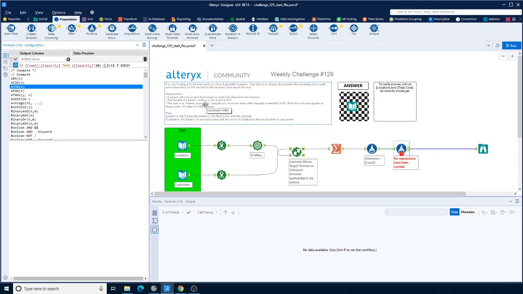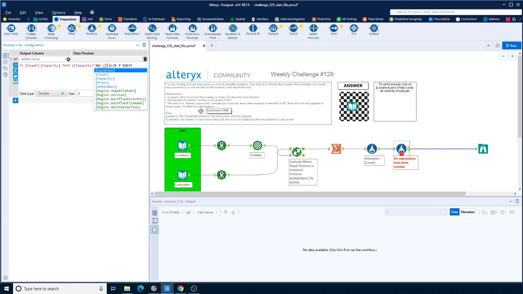So actually we need to work out what that is. So that is count minus capacity. Okay, and then we want to times that by 5. So let's put all of that in a bracket, times 5. Okay, and then if it isn't over that, we simply want to take the count and times it by 20.